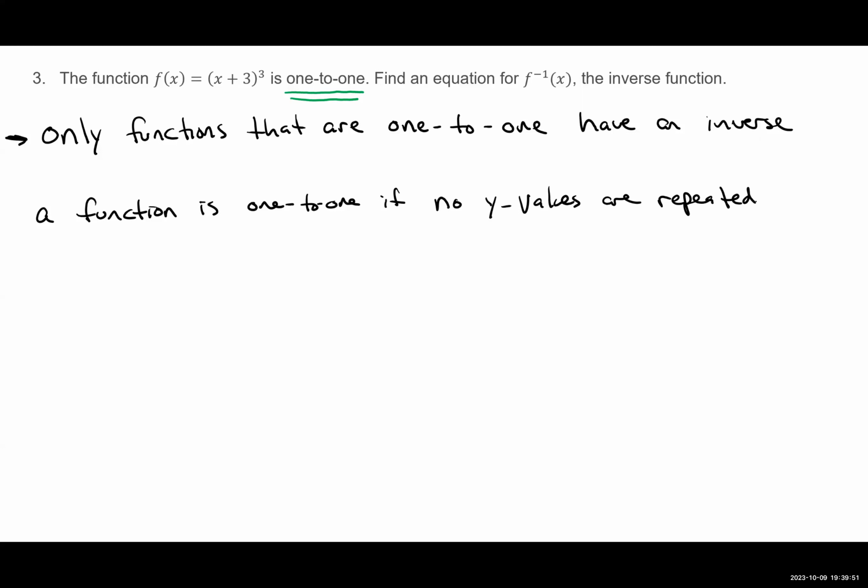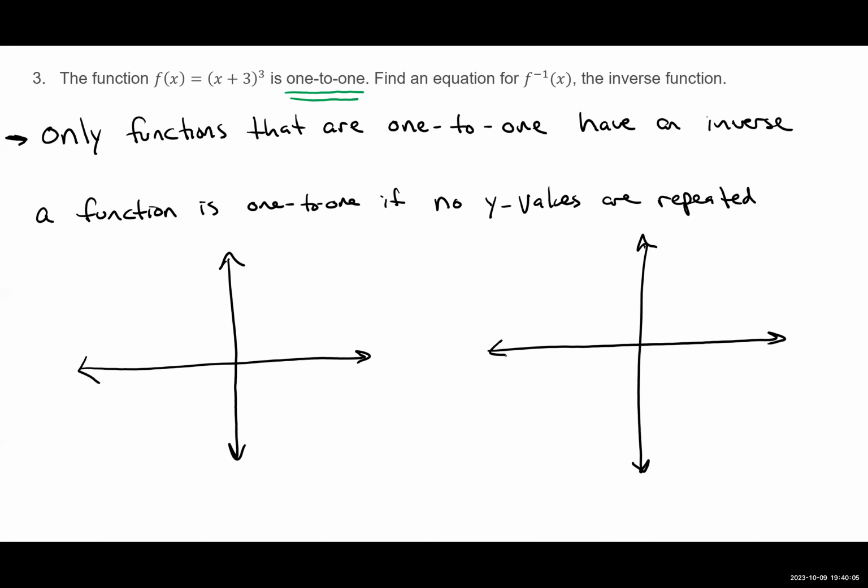So I think the easiest way to explain this is with a couple of graphs. Let's look at two graphs here. The function f of x equals x squared, and the function f of x equals x cubed. x squared is a parabola centered over the y-axis, goes through the point 0, 0.